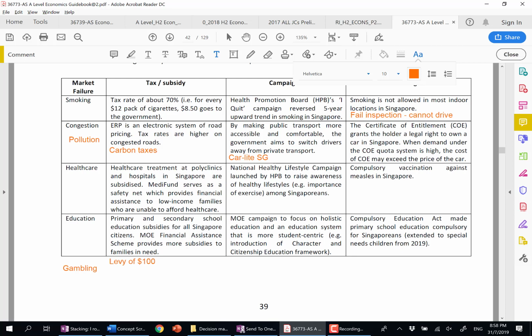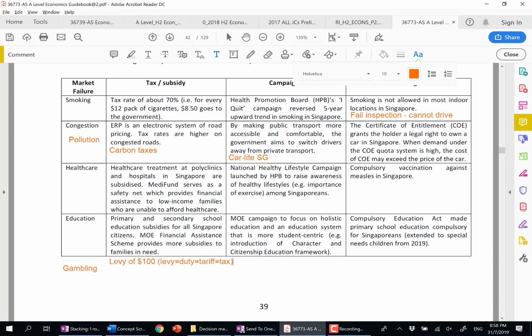Levy, tariff, duty. Levy equals duty equals tariff equals tax.